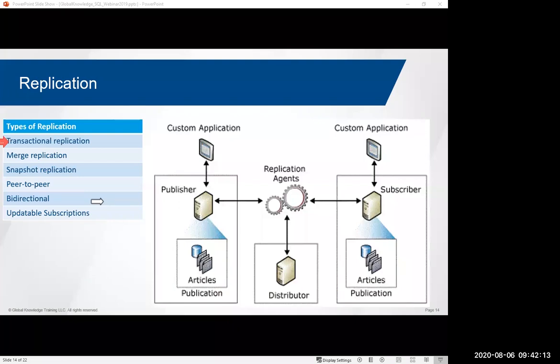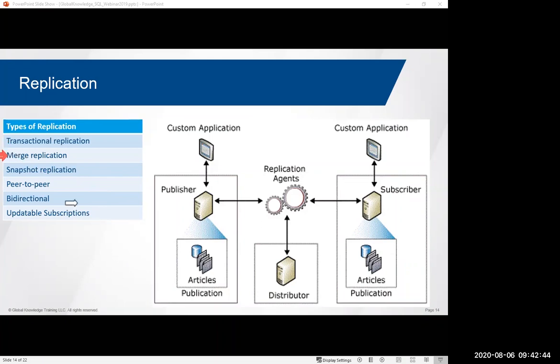Hence, I can optimize the primary database for read-write activity and optimize one of the replicas for read-only activity, having different indexing strategies and things like that across the two databases, because the databases do not have to be physically identical. We don't replicate at the database level. We replicate at what is referred to as the article level. Each article represents a subset of data from an individual table. So we have transactional replication.